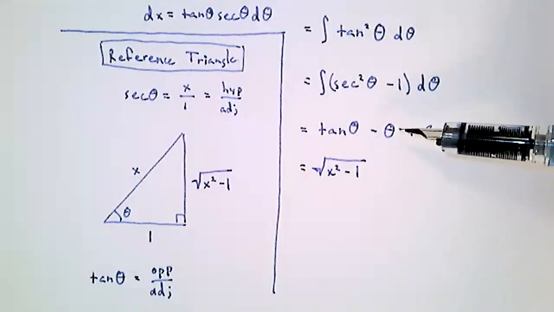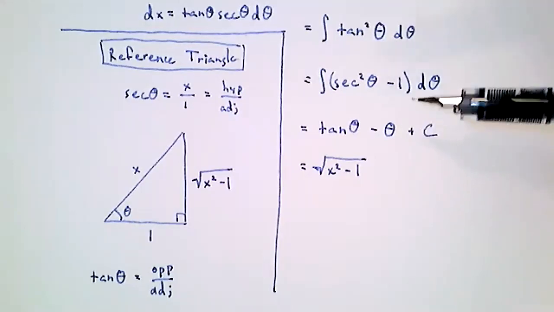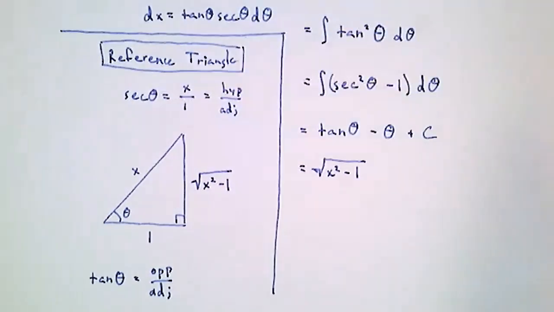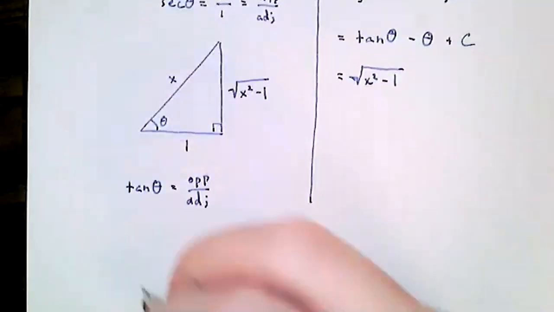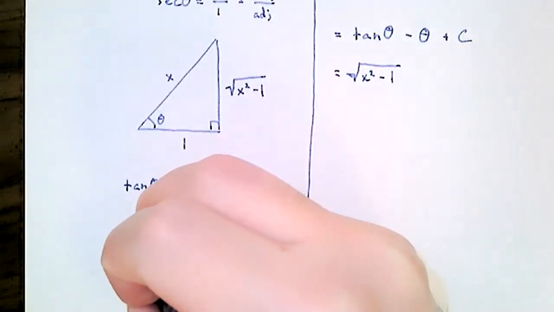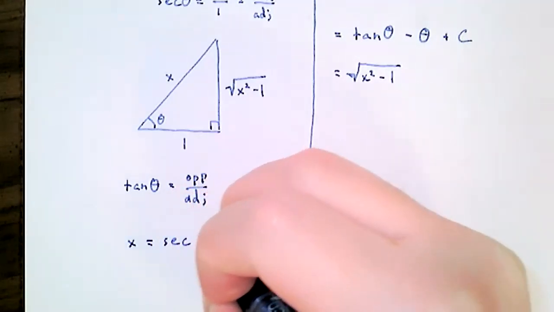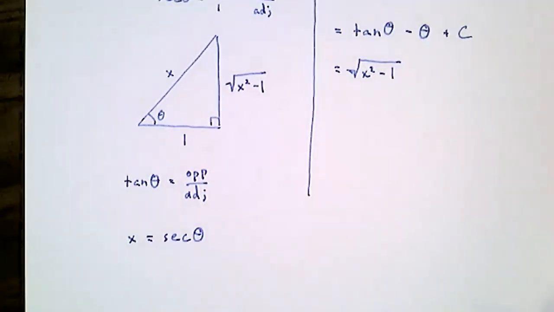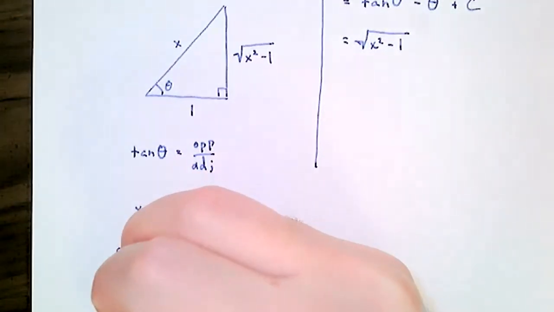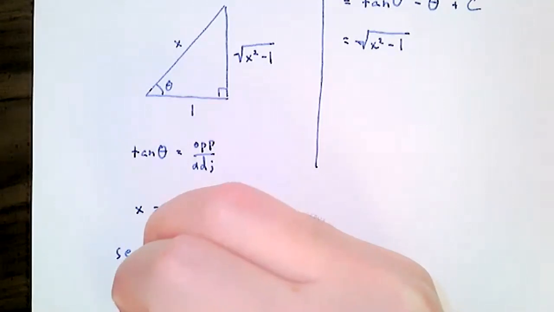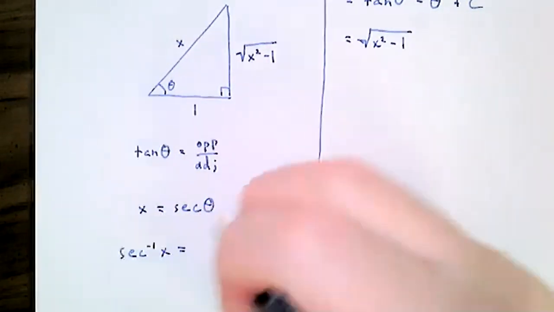The theta will have to do something a little bit different in order to solve for. So remember, x is equal to secant theta. So if I take secant inverse of both sides, we can solve for theta.